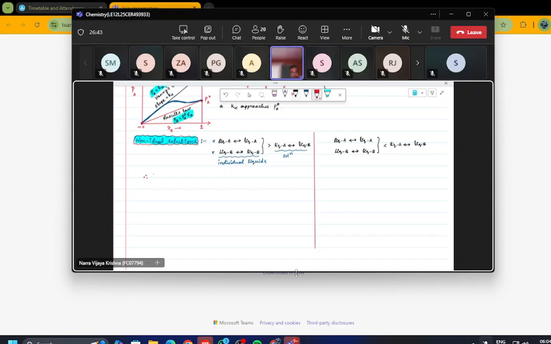So V experimental is greater than V calculated. Generally what we calculate is 50 ml plus 50 ml equal to 100 ml. But when I do the experiment, as the interactions between A and B are less, A molecules and B molecules will not come closer as we expected. As they are not coming closer as we expected, the net volume will not be equal to 100. It will be a little greater than 100. Correct, sir? Any confusion in it? It means delta V is greater than 0.